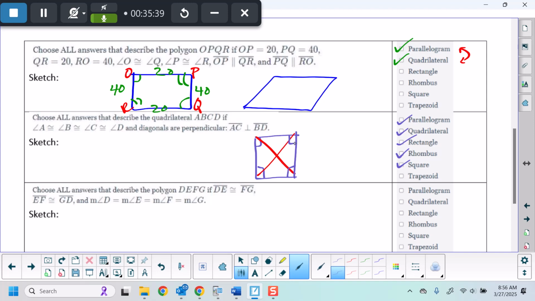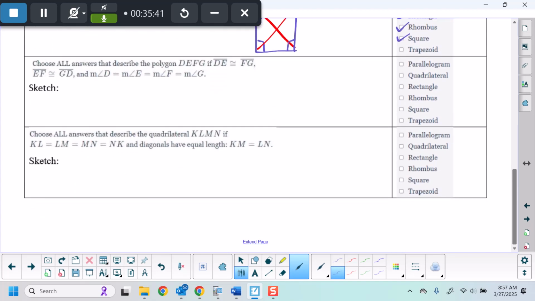All right, let's go to our next one. Choose all answers that describe polygon D, E, F, G. DE is congruent to FG, all right? So when I go to look at, I'll just draw this and see how we go. If I have D and E and F and G, because they said that DE is congruent to FG, got it?